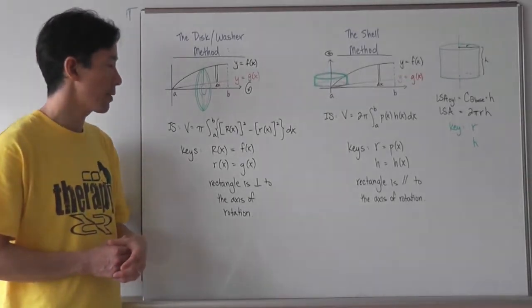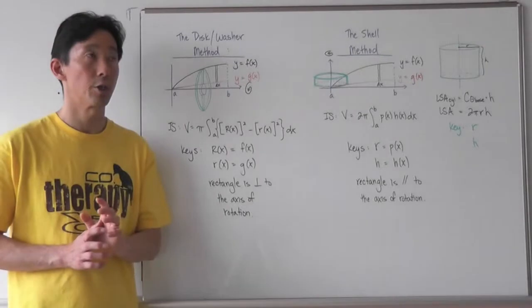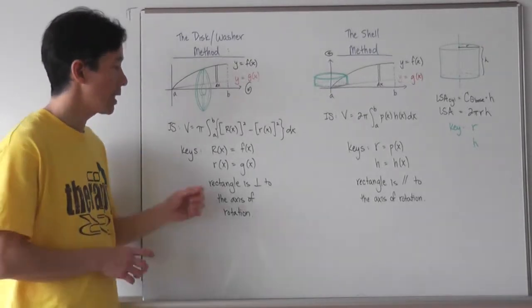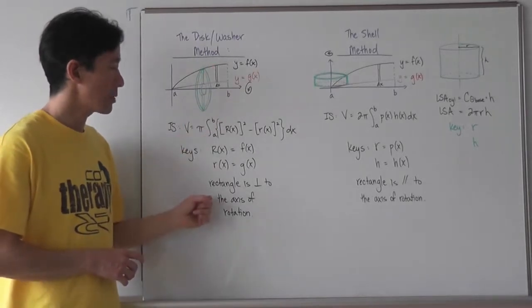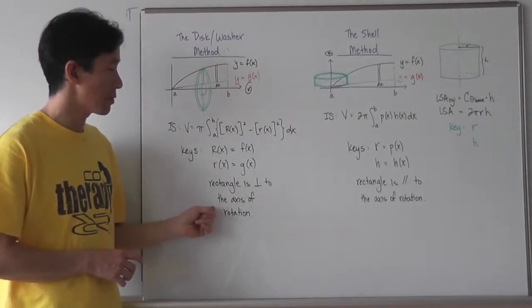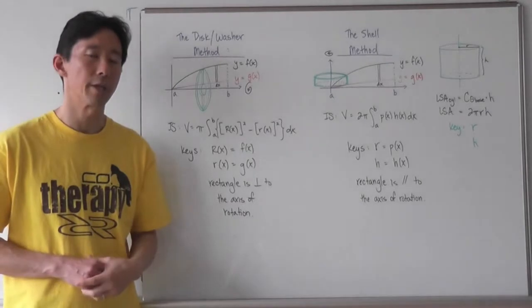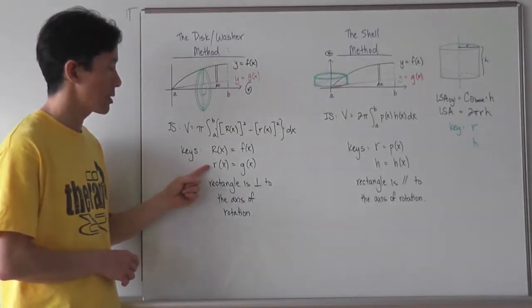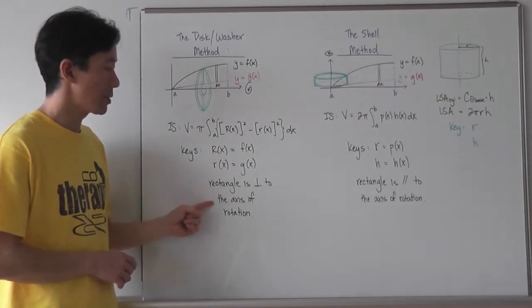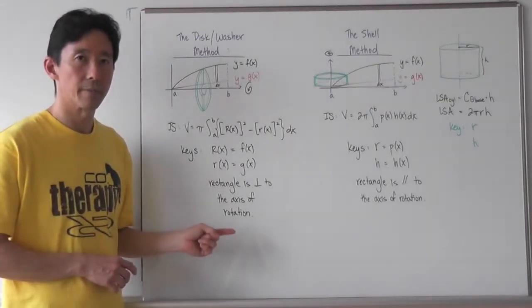And we always need to keep in mind that the rectangle we draw is always perpendicular to the axis of rotation if we're using the disk and washer method. Okay, so three keys: larger radius function, smaller radius function, and the rectangle is perpendicular to the axis of rotation.